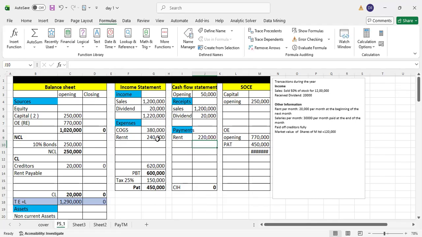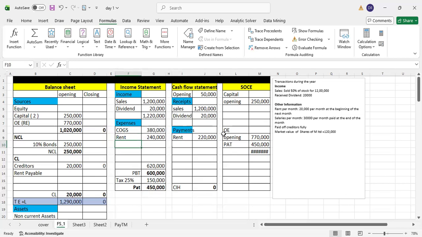You may ask a question: why is rent shown as 20,000 into 12 despite the fact that rent paid is only 220,000? This is because of accrual. Every question which has a why in accounting can be addressed by referring to one of the accounting concepts, in this case, the accrual principle.